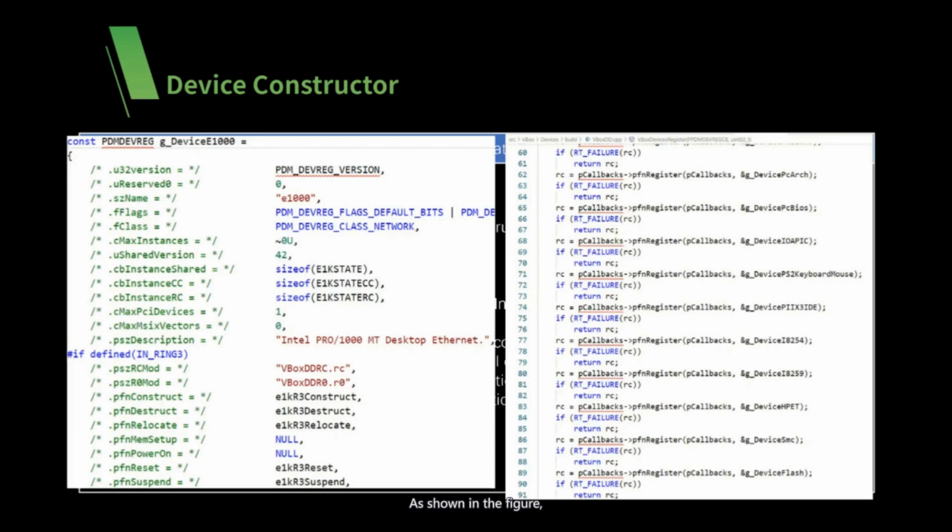In the figure, the picture on the right shows that the main thread adds all device registration objects to the device list. Here you can see which devices are registered in VirtualBox. The picture on the left is the device registration structure of the E1K device, which is a good entrance to understand the E1K device.